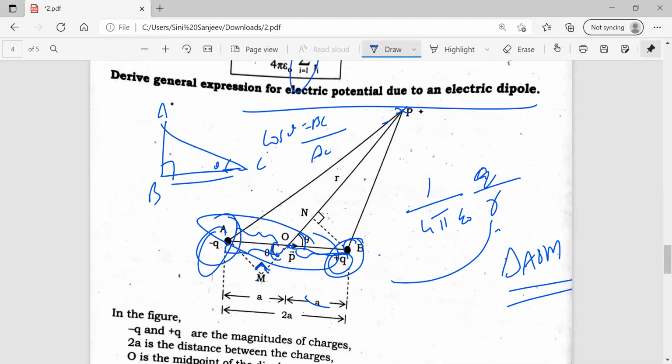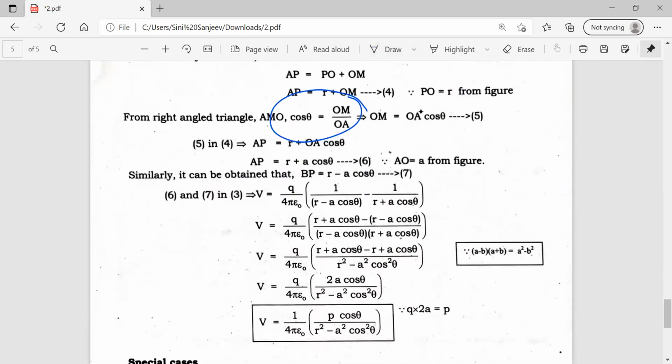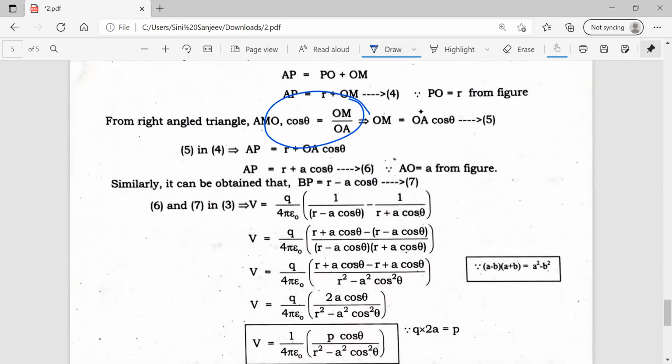So here also the adjacent side is OA, and my hypotenuse is AM, not this particular thing. We should not get confused. So what is my OM from this? OM is nothing but OA cos theta.